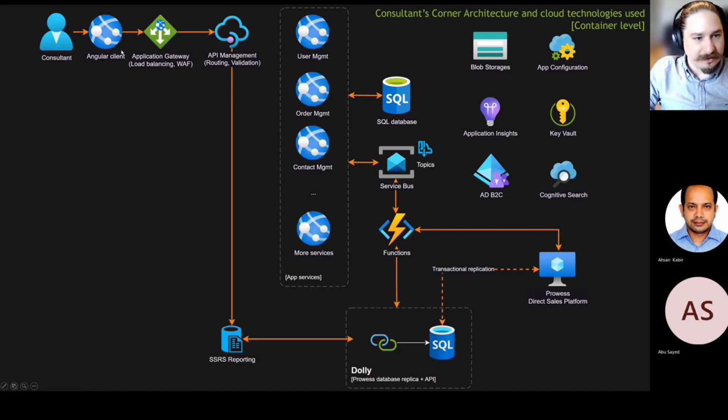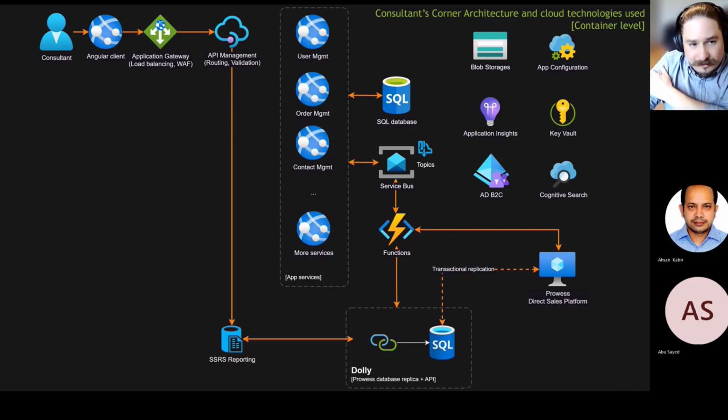So the consultant is opening his browser and sees an Angular client, and this client is making HTTP REST calls to the backend services, which is kind of hidden behind an application gateway and the API management resources.